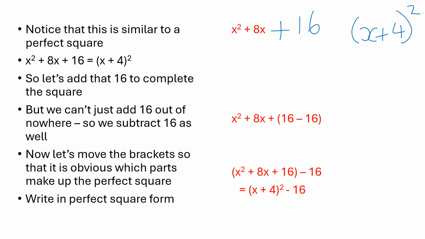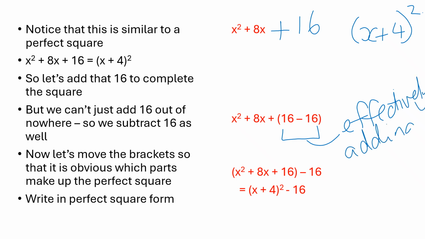So we are going to add that 16 in so we can write it as a perfect square. But we can't just put 16 in out of nowhere. To balance that, we have to do a minus 16. So this is like effectively adding 0. We're adding 16, we're doing minus 16.